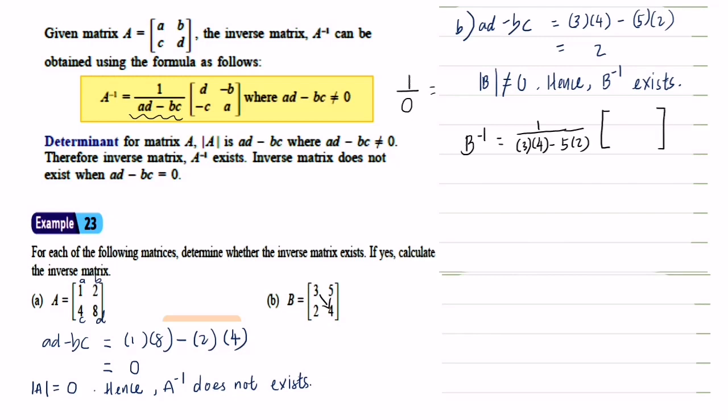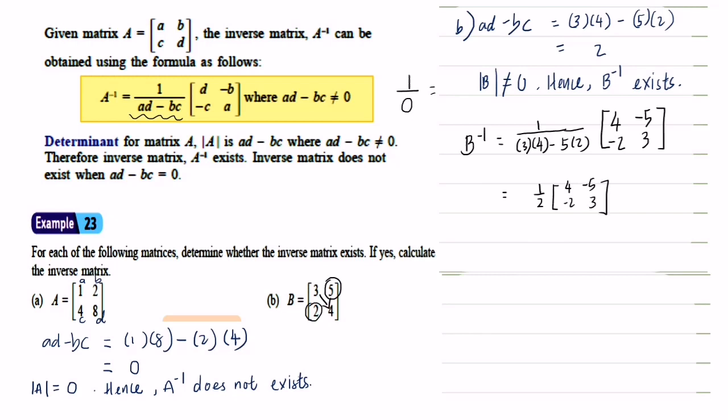Okay, for the number with the arrow, we change the place. So means 4 go up and 3 go down. And here, number 5 and 2, if positive, you change to negative, negative change to positive. Now both number is positive, so I put negative 5, negative 2. This equals 1 over 2 times 4, negative 5, negative 2, 3.